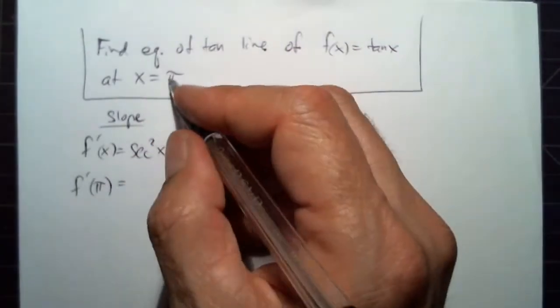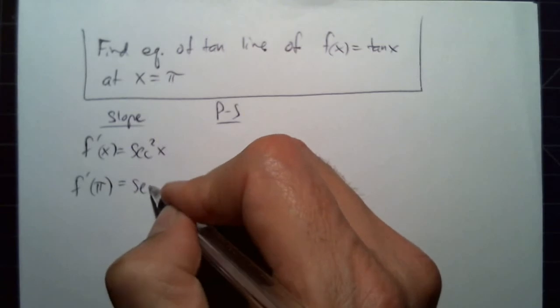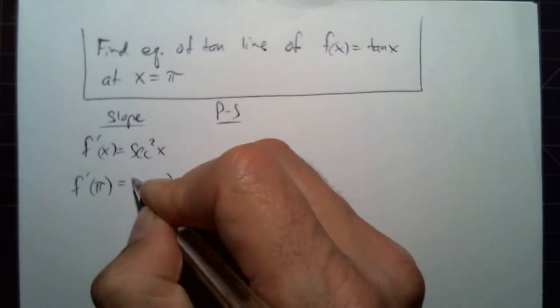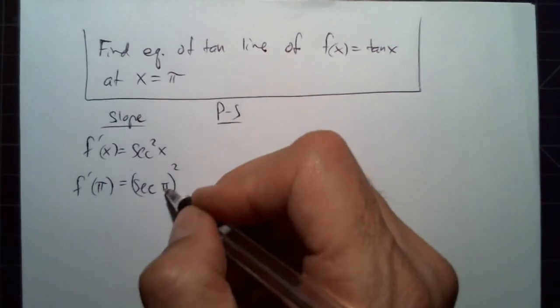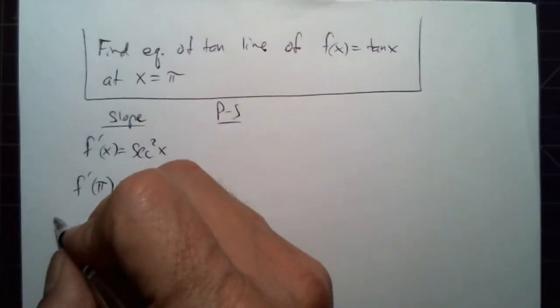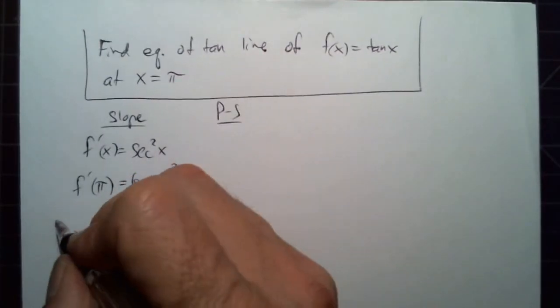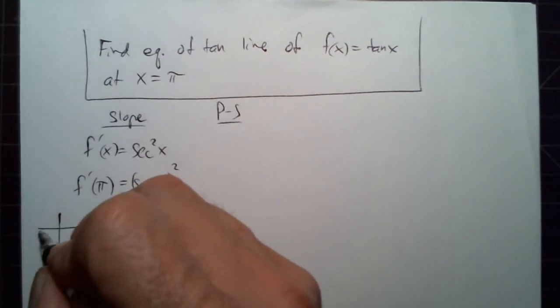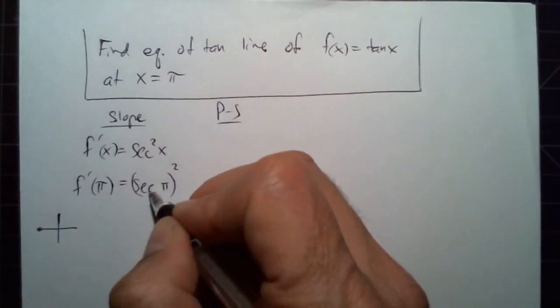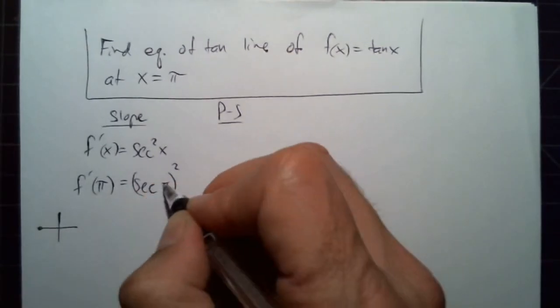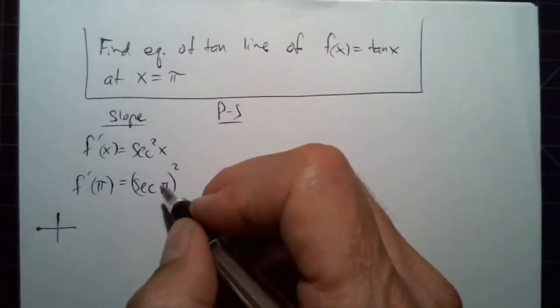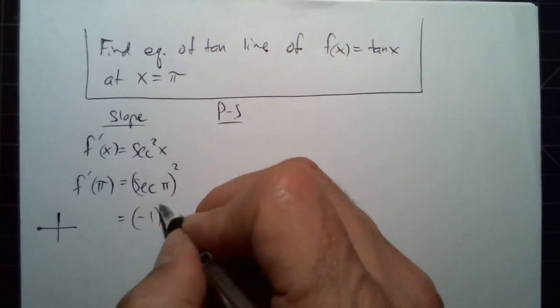And the derivative at pi is secant of pi squared. So let's remember how to evaluate that. And secant of pi, we'll need to look at where pi is over there. Secant is r over x. The radius is 1. X is -1, so that is -1. And we'll have -1 squared.